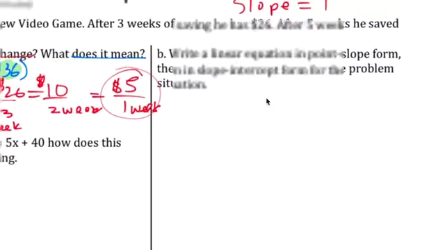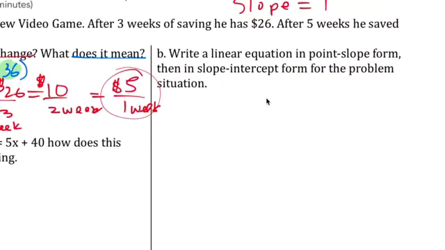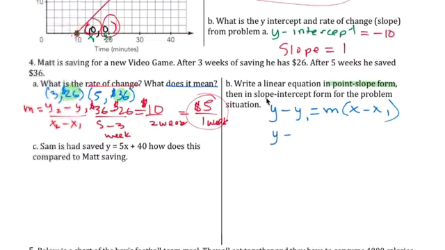Write a linear equation in point-slope form. Okay, point-slope form, because we don't know the y-intercept, we use y minus y sub 1 equals m parentheses x minus x sub 1. Y minus y sub 1, which is 26. Slope is 5 over 1, or 5, parentheses from right here.